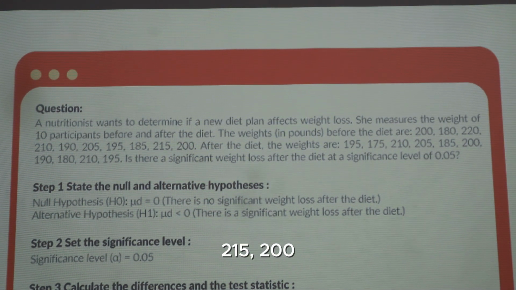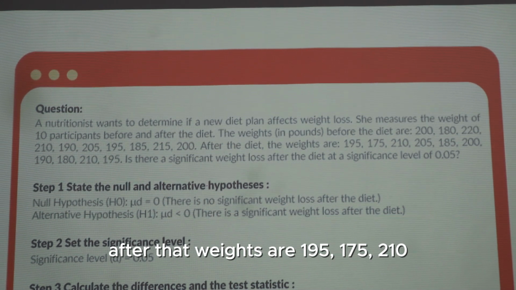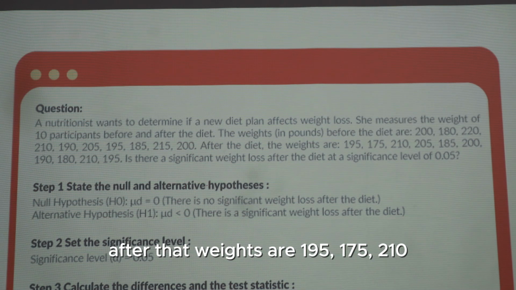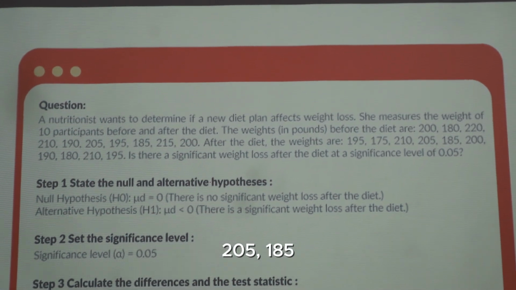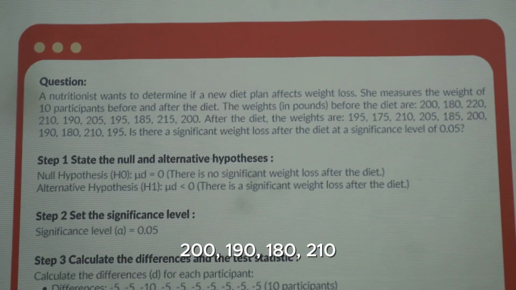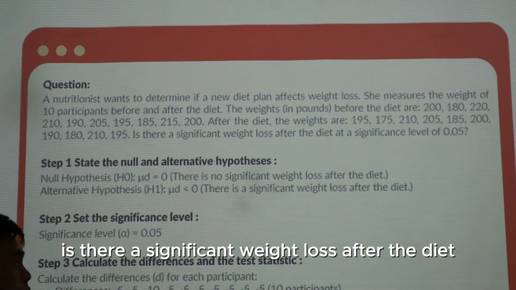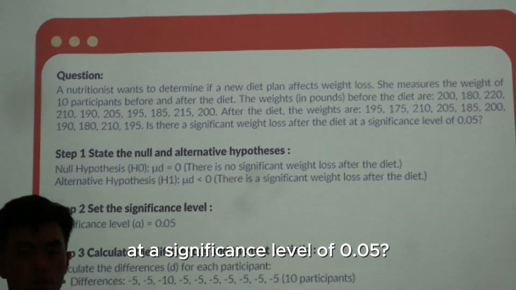After the diet, the weights are 195, 175, 210, 205, 185, 200, 190, 180, 210, 195. Is there a significant weight loss after the diet at a significance level of 0.05?